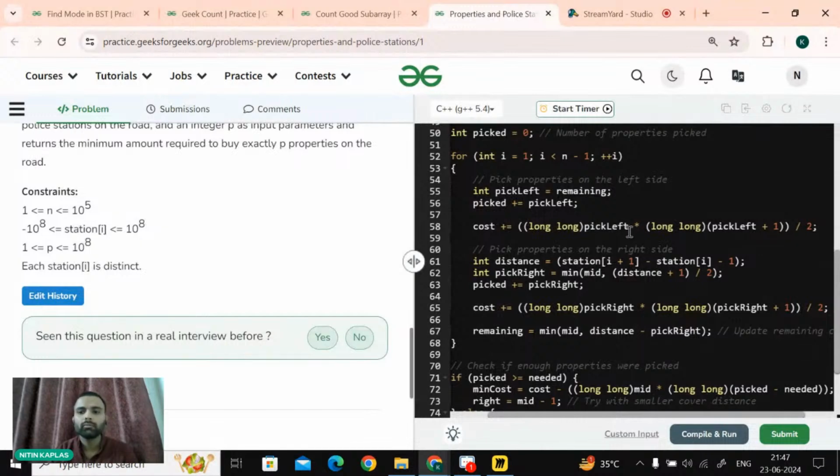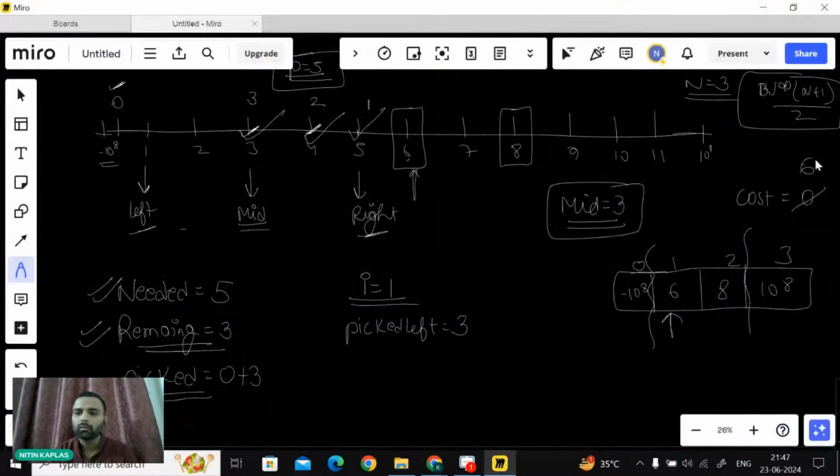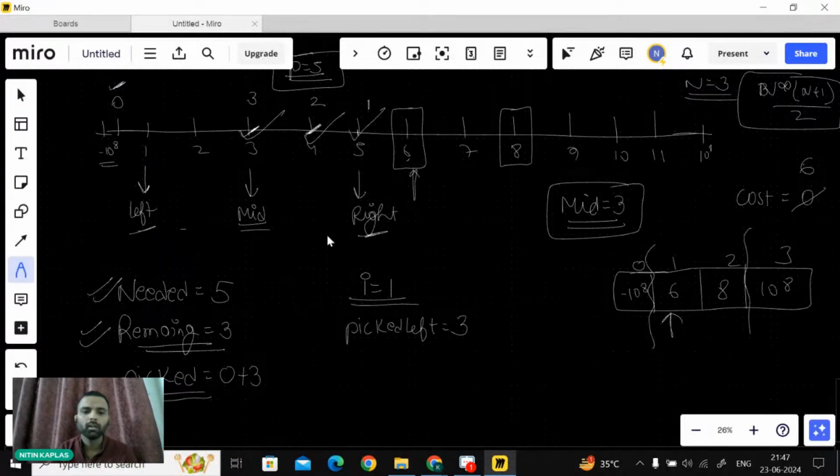That's your n, because pick left means 3. Pick left into pick left plus 1 by 2. That's the formula of n natural numbers. So that much cost you have to add here, which is 6, because you buy the three plots, right? Now your cost will be 6.